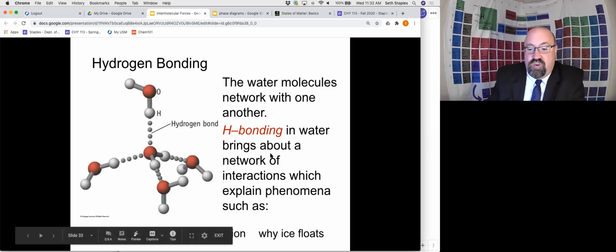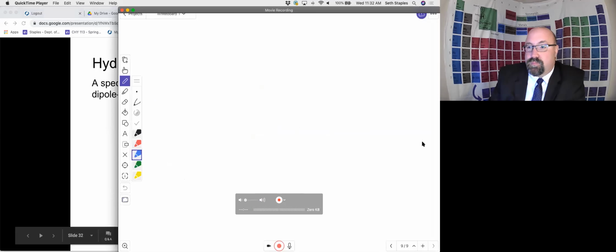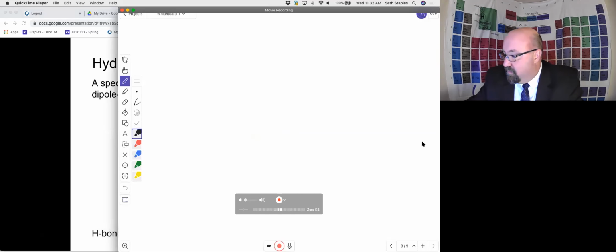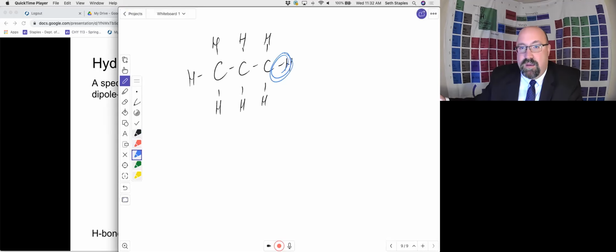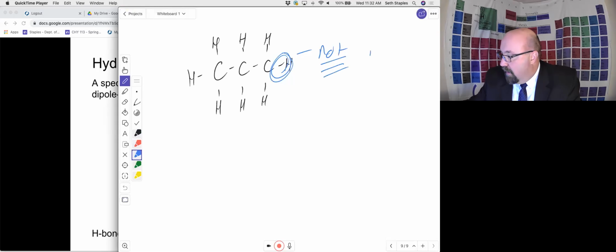In the cases that we just looked at, so in the case, for instance, of propane, any of these bonds here, not hydrogen bonding.